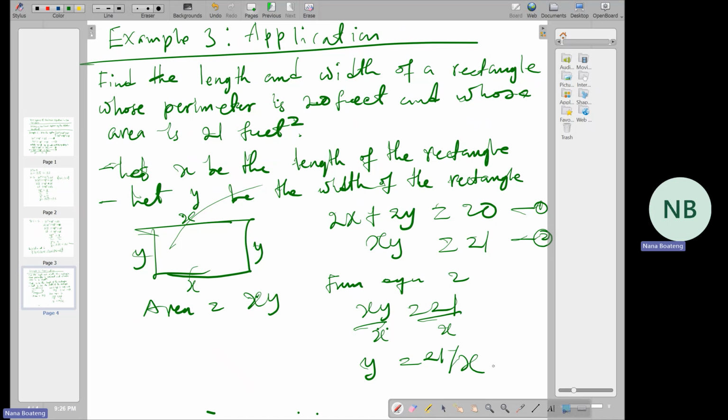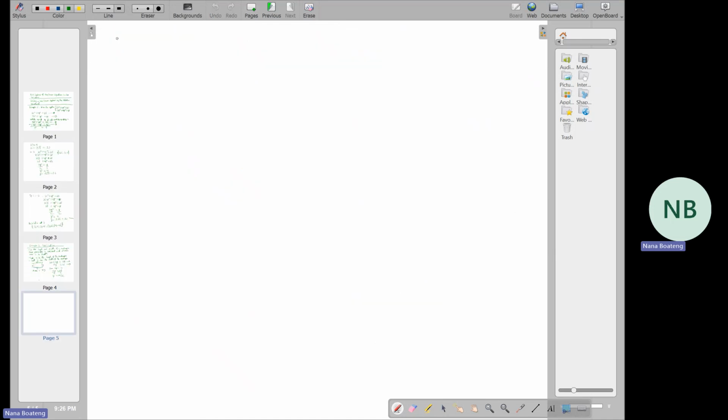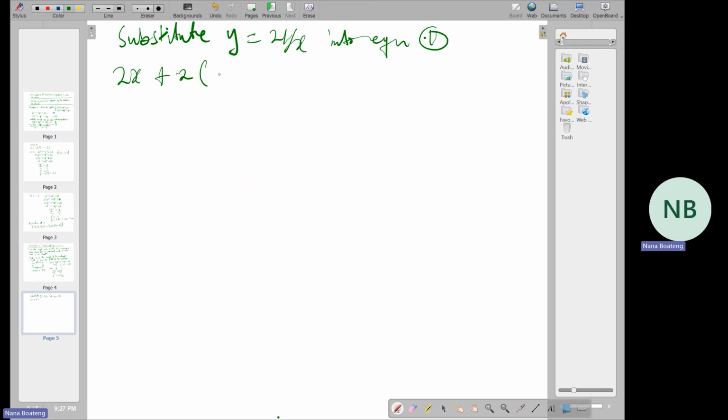If we substitute y is equal to 21 divided by x into equation 1, then we will have 2x plus 2y, and y now is 21 divided by x, is equal to 20.